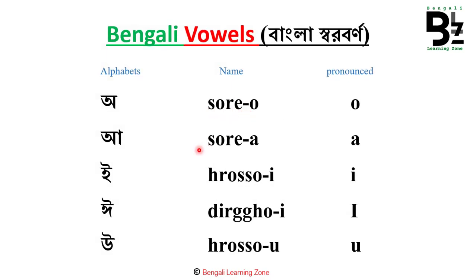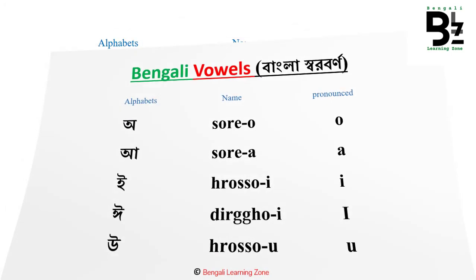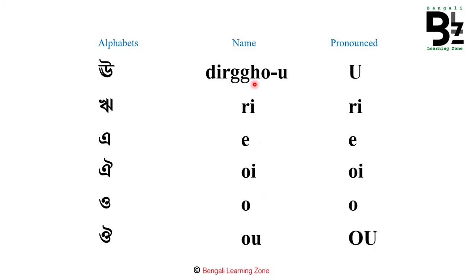Shore o, shore a, হ্রস্ব ই, দীর্ঘ ই, হ্রস্ব উ. Next page. দীর্ঘ উ, রি, এ, ওই, উ, ও.